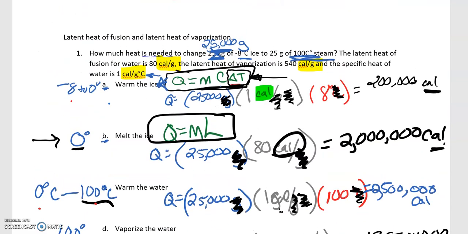So my significant figures, let's see, I have 25 grams, that is a measured value. These latent heat of fusion, vaporization, and specific heat are all given standard values. Let's see, I only have one significant figure in my -8 and one in my 100.